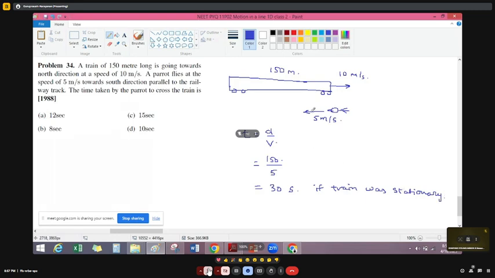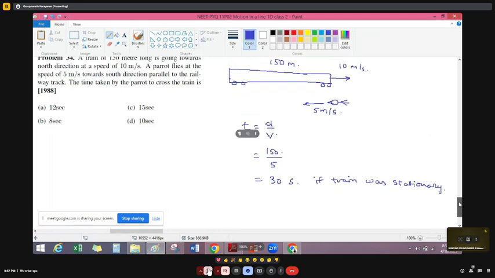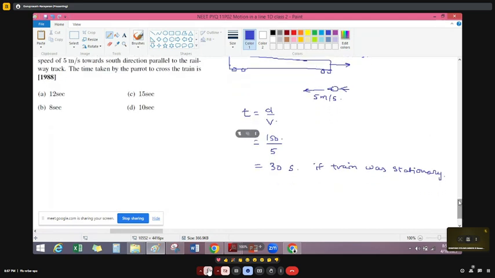But now the train is not stationary. Actually, the train is going this way and the parrot is going this way, which means the relative velocity of this with respect to this is what you should take. 15 meters, sir. Yeah, so that is correct.